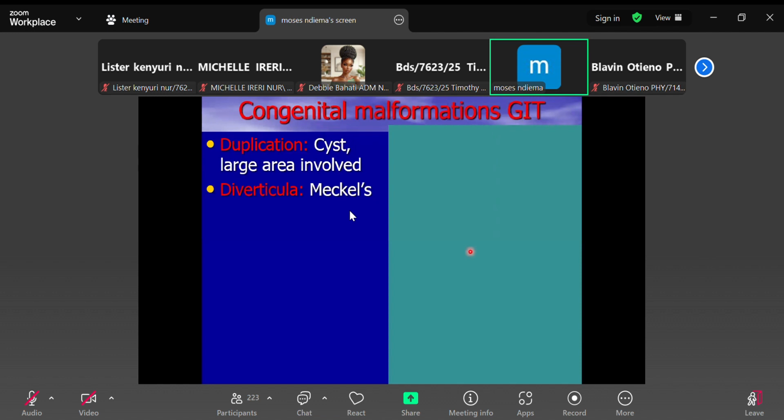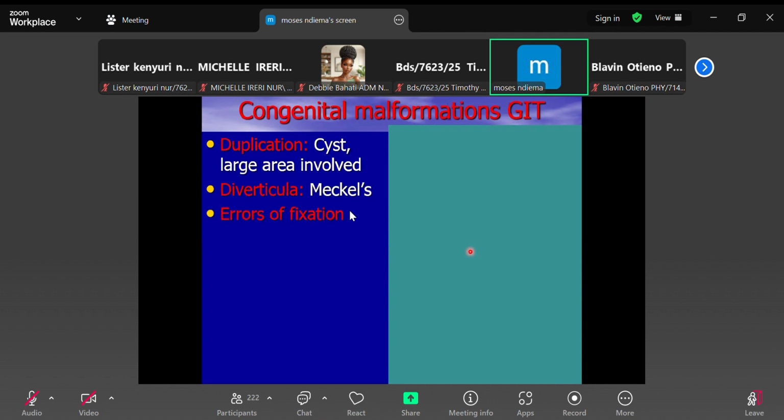The most common diverticulum is what we call Meckel's diverticulum. And this one is a patent vitelline duct. Remember, we talked about the vitelline duct being at the axis of rotation of the midgut. So that can sometimes persist and remain as Meckel's diverticulum.